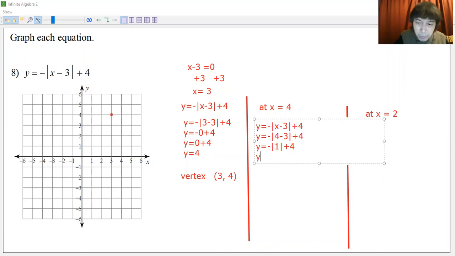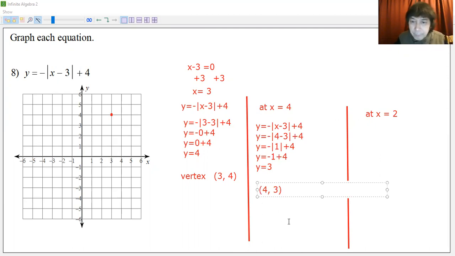So we will have here a negative 1 plus 4, which results to 3. And the coordinates of our second point is 4, 3. This will be 4, 3 there. And 4, 3 is located somewhere here, just beside it there. That's 4, 3.